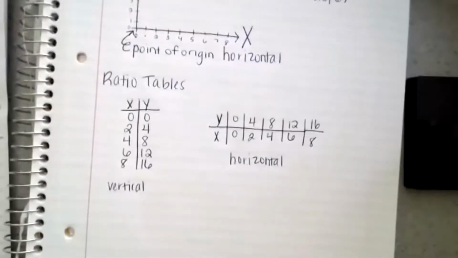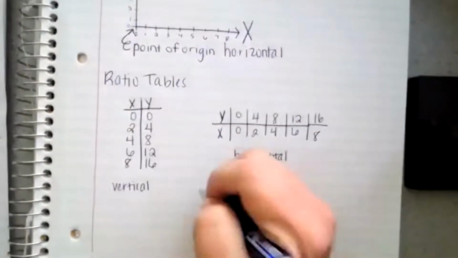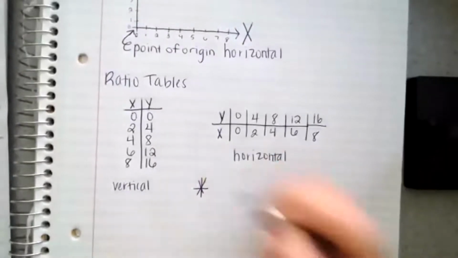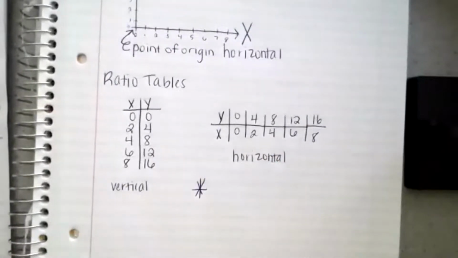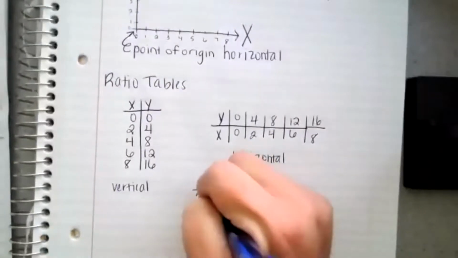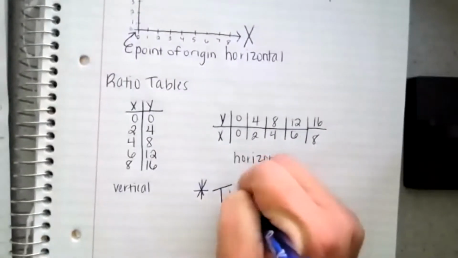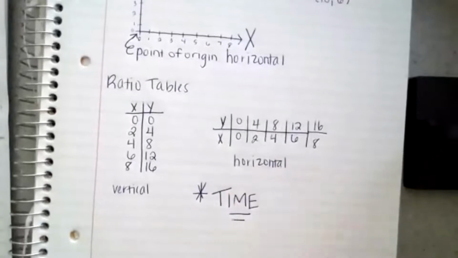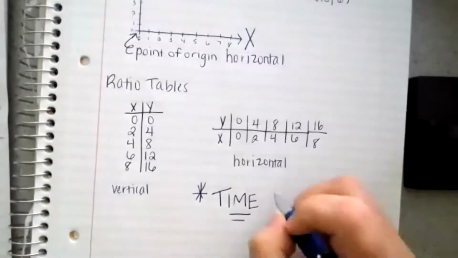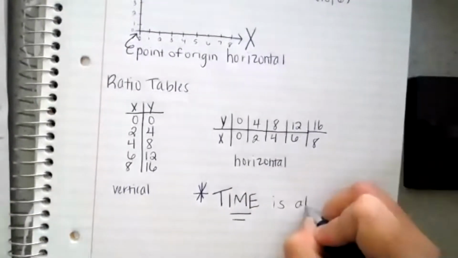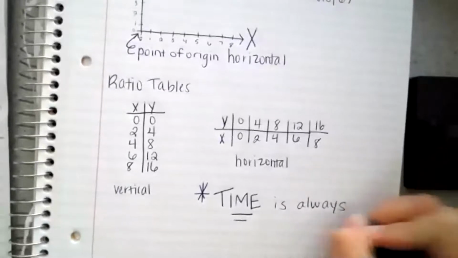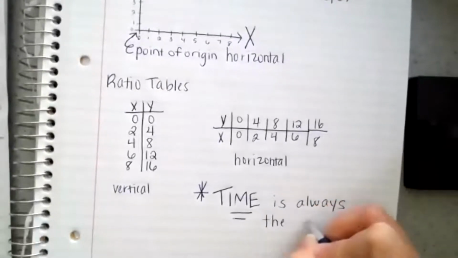Now there is a special note I need to give you. So I'm going to put a star. And then I'm going to write the word TIME in all caps, just like that, and I'm going to underline it. Time is always the x-axis.